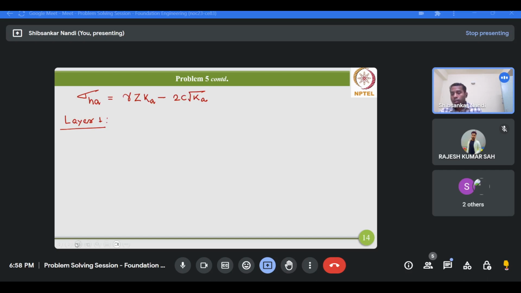For layer 1 at Z equals 0, your sigma HA will be simply minus 2C root Ka1. Why? Because this Z now becomes 0. So it would be simply minus 2C root under Ka1.